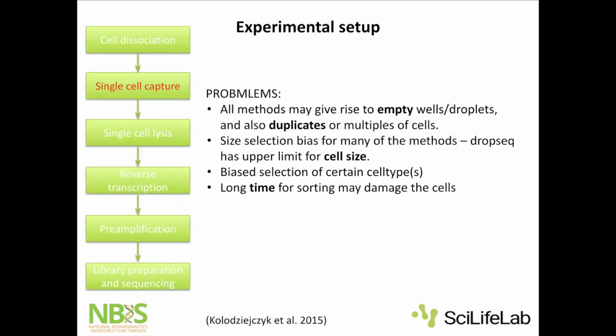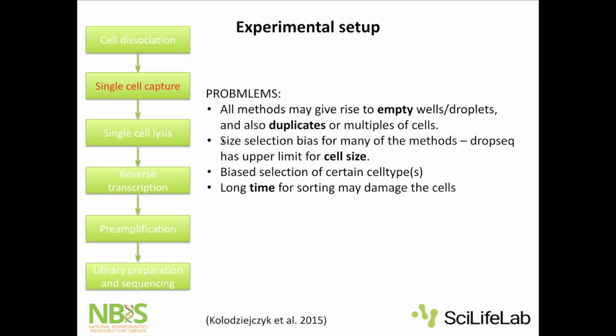So that was all about dissociation and the issues that can arise from dissociation. Then when it comes to capture, I would say the biggest issue is that we might have duplicates and empty wells. And also, depending on what method you're using, there will be more or less of a bias for cell size.